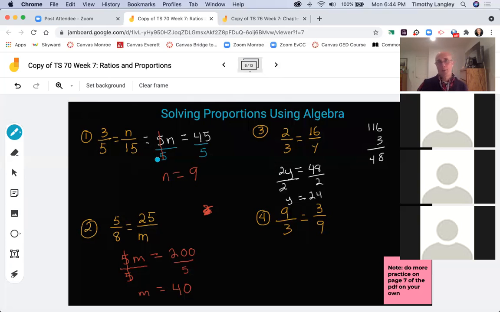Then we started talking about what this looks like if you used algebra to solve the missing variable. Since we have an equal sign here, what that's telling you mathematically is whatever this is, it equals whatever this has to be. And so by cross multiplying, we went through 5n equals 45 and we solved for n each time.